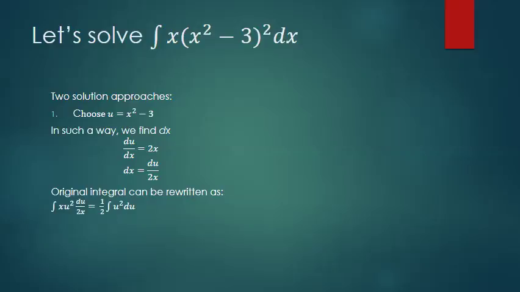With this, we can rewrite our original integral as follows. Instead of writing x^2 - 3, we will write simply u. Instead of dx, we're going to write du over 2x.